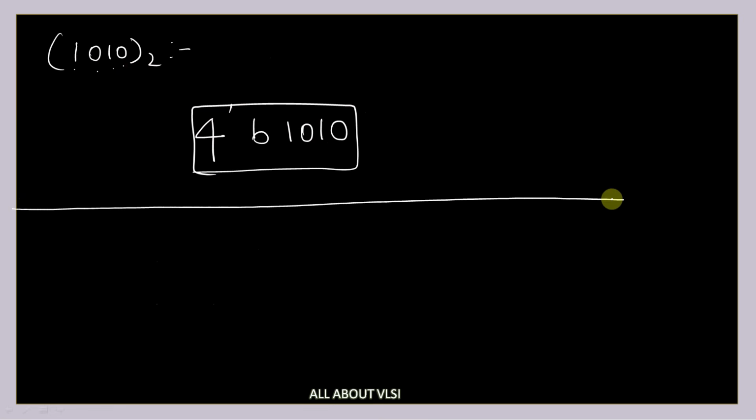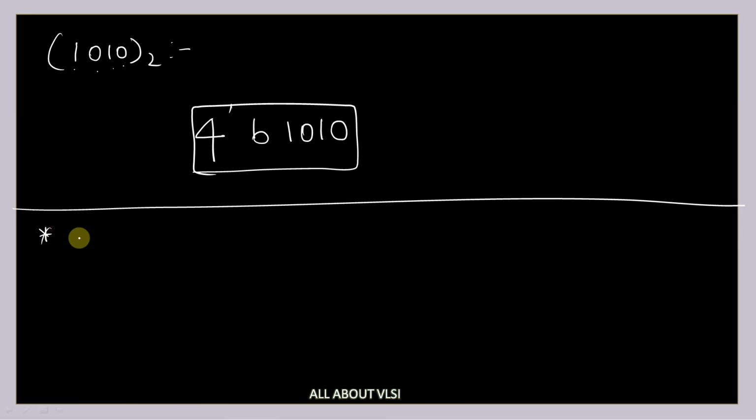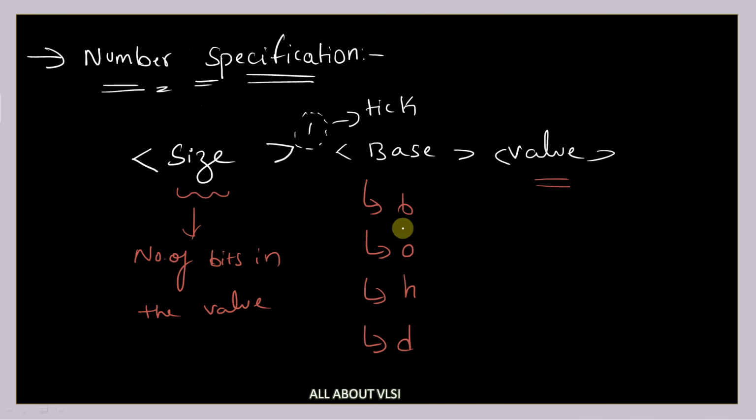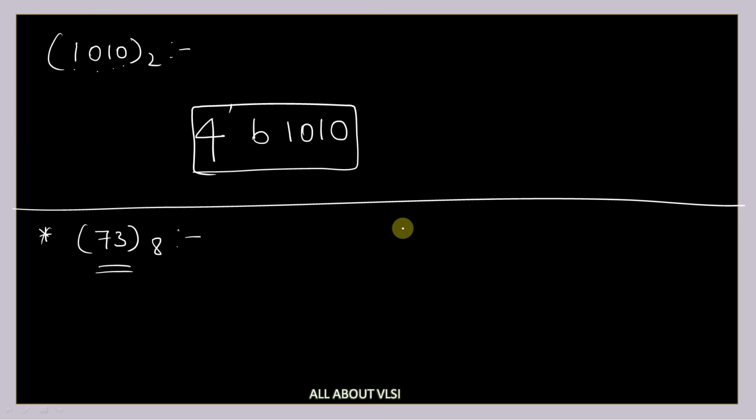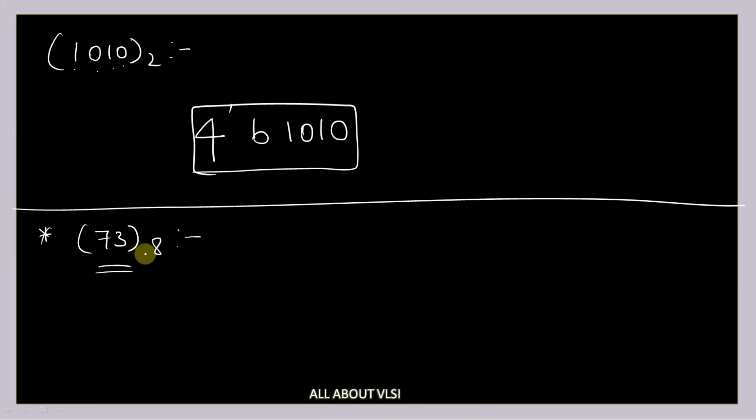Now let's take an octal number, 73 base 8. Can anyone tell me the answer we are going to get? How do we represent 73 to the base 8 in Verilog? The syntax is size, base, value. Size is the number of bits in the value. How many bits are there?